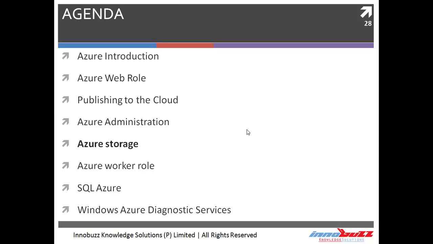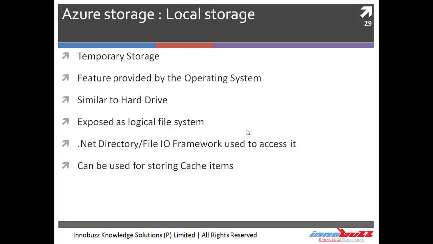That's, I believe, the most important one after the programming, because the data is something which is very critical for any kind of business. From the previous slides of the presentation, we found that local storage is one of the primitive storage mechanisms in Windows Azure.